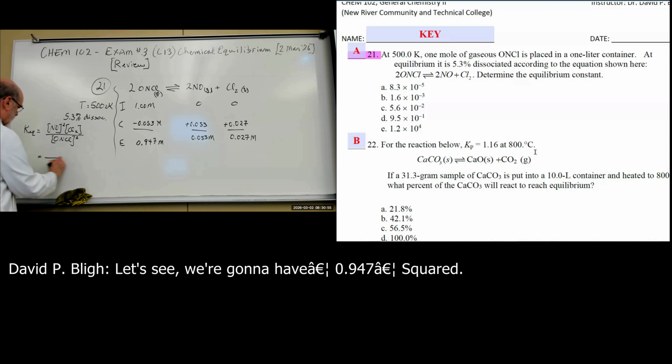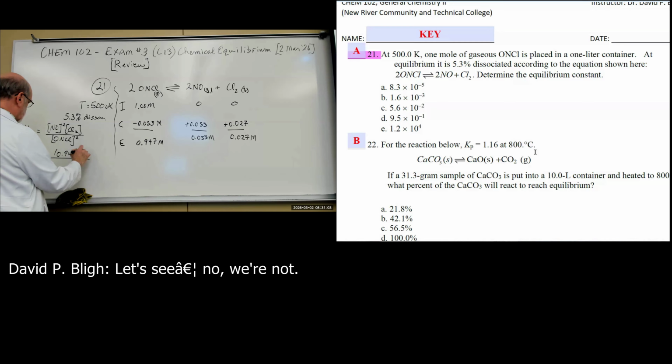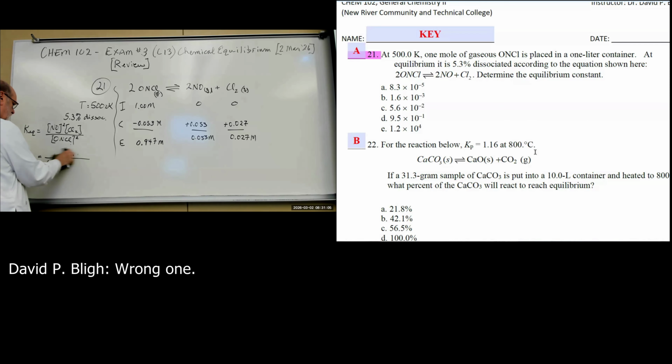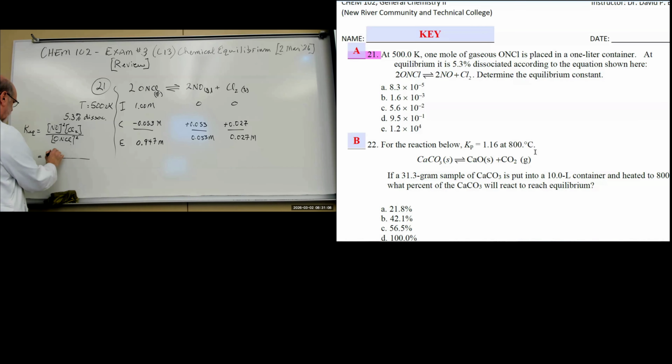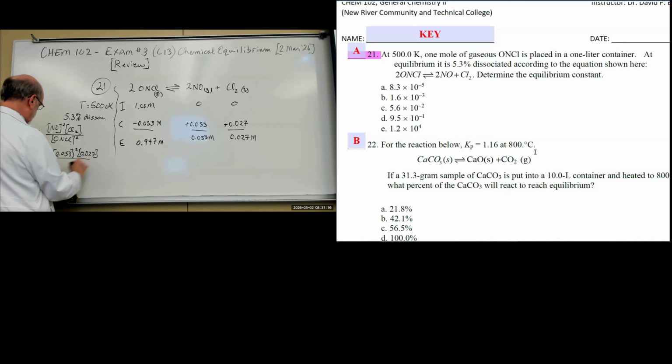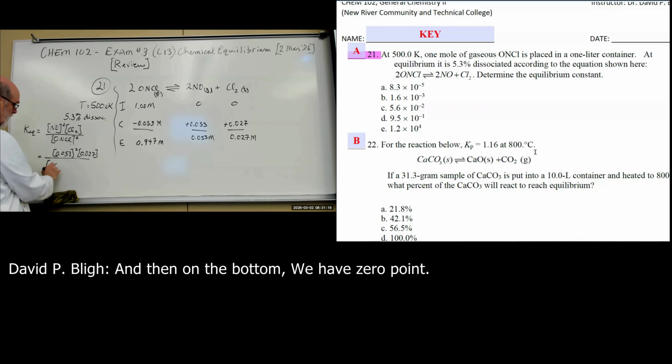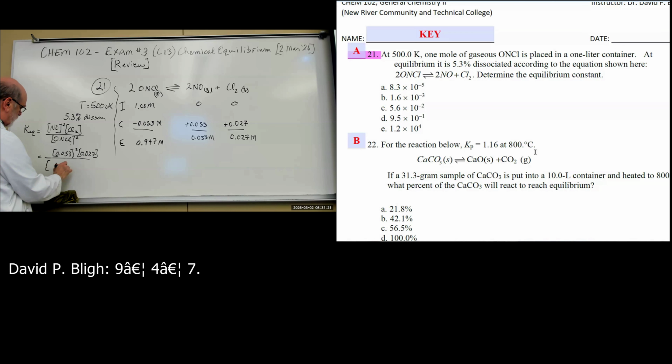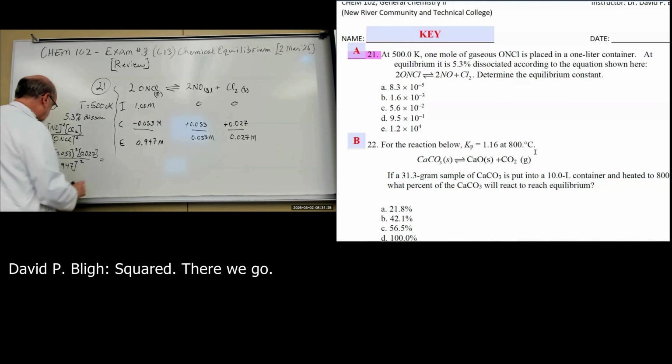Let's see. We're going to have 0.947 squared. No, we're not. Wrong one. Try that again. 0.053 squared, and then 0.027. And then on the bottom, we have 0.947 squared. There we go.